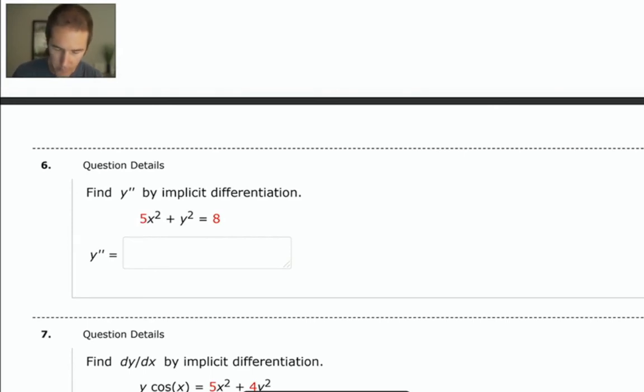Let's do this one. So I've got 5 times 2x. So I took the derivative of the first term, plus 2y times dy dx. So I've done my implicit differentiation there, equals 0.